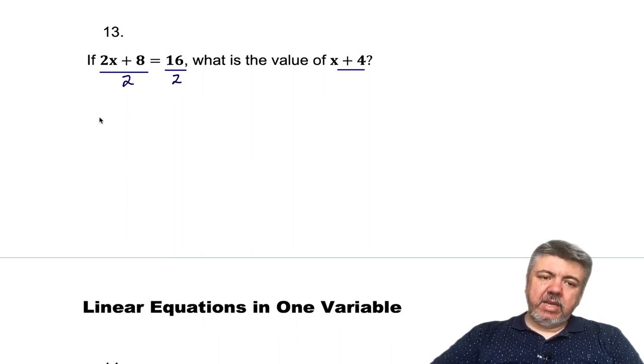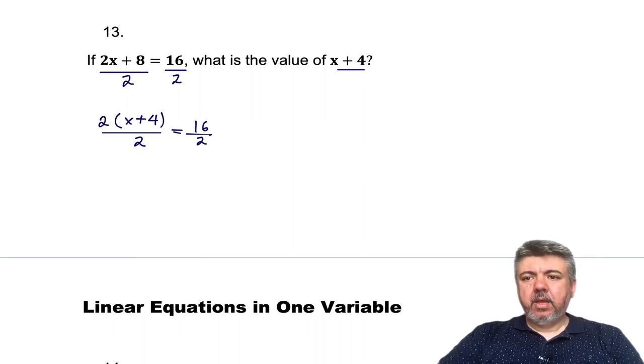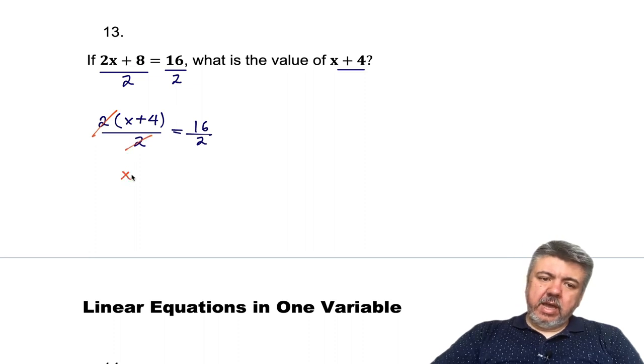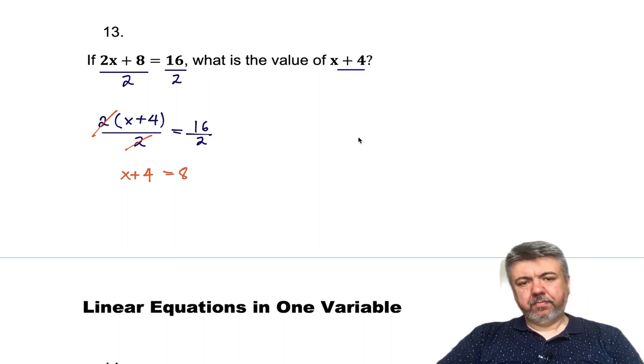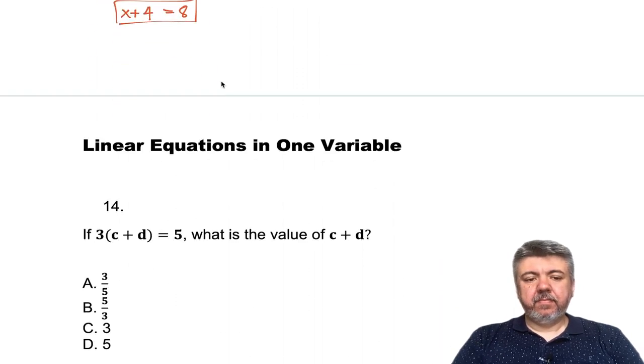So 2x plus 8 is actually 2 times x plus 4 over 2. And on the right, 16 over 2. Let's cancel 2's here. It's x plus 4 on the left and 8 on the right. So the x plus 4 value is just 8.